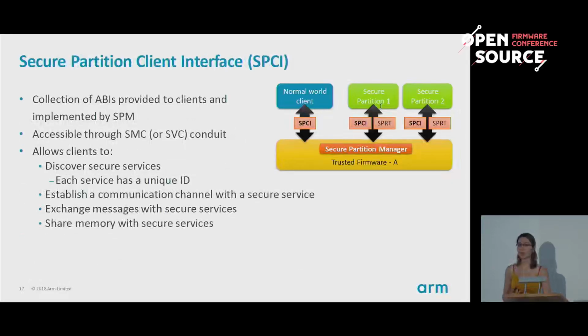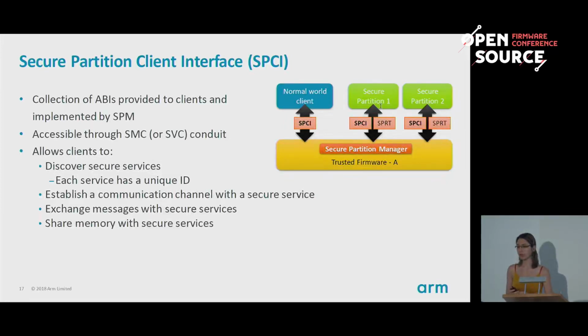The SPCI is really just a collection of ABIs for clients to discover the secure services that are available on your platform. Each service basically has a unique ID, so that's how the clients refer to a secure service. The Secure Partition Manager keeps a kind of registry or database of all the secure partition IDs in the system, and by which partition each is implemented, so that it can forward the request to the right partition.